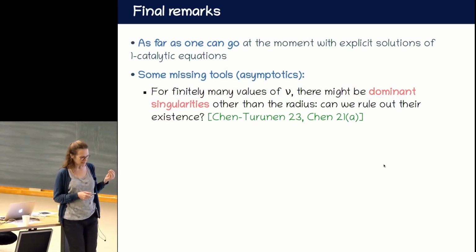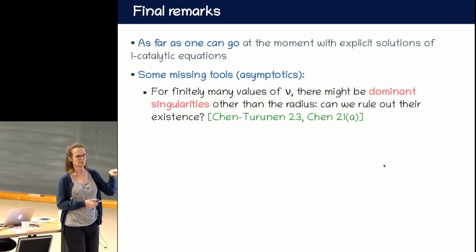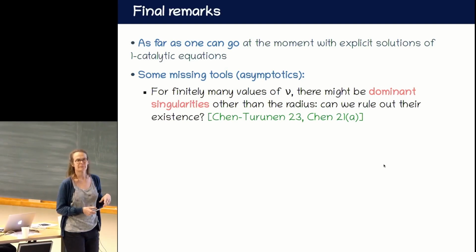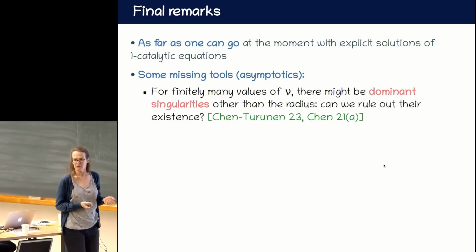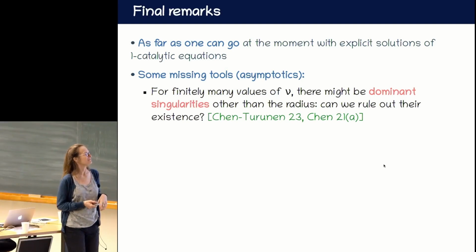So the first thing is that we've located the radius, but we cannot exclude that for some values of nu, finitely many, and we know which ones to look at, there could be other singularities on the radius of convergence, which in theory could be visible at the asymptotic level.